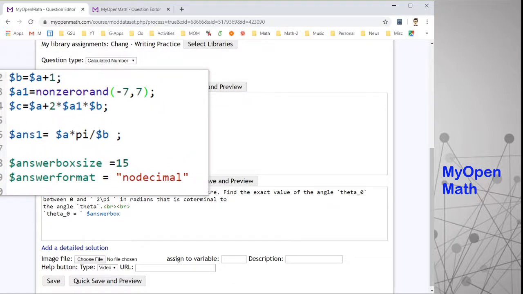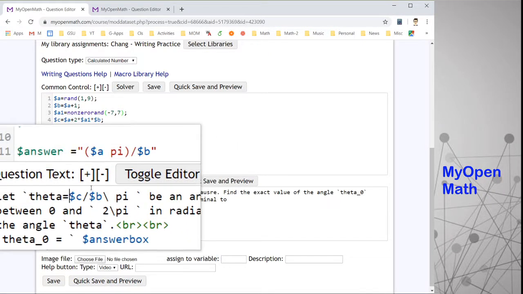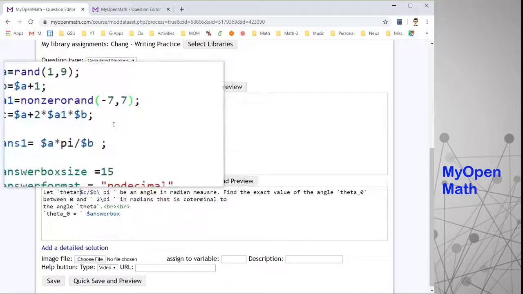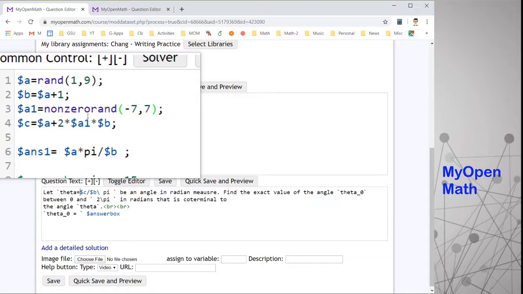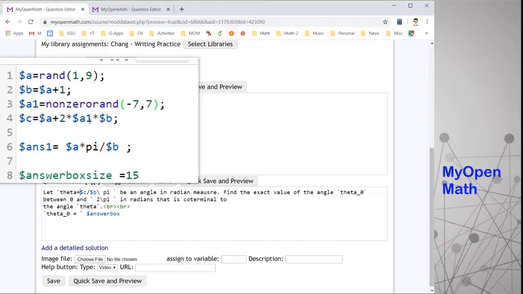Like in this problem, rather than actually solving this problem with a randomly generated angle and trying to find a coterminal angle, you actually generate a problem knowing what the answer is. So you start with an answer, and you add multiples of 2 pi to get the problem generated. So in terms of writing problems, I think that's a better idea. It makes the coding a lot easier.